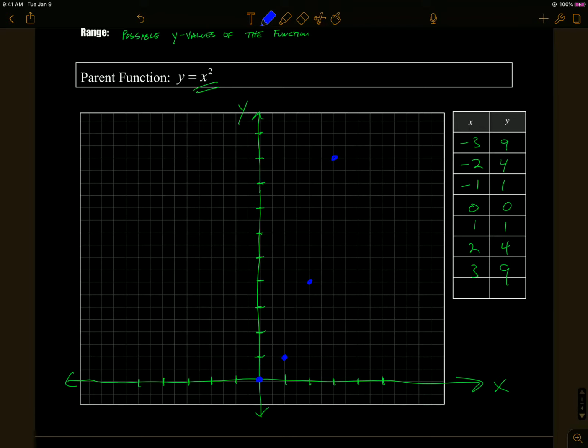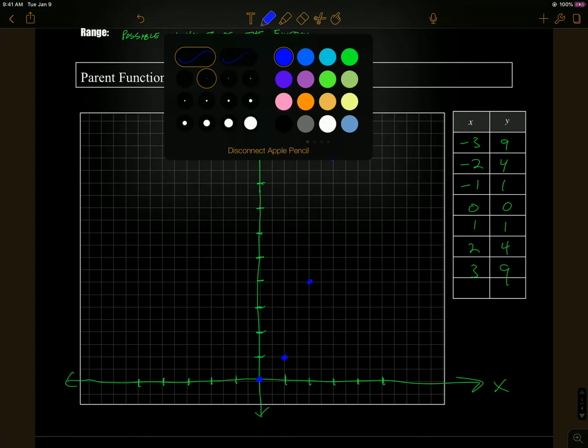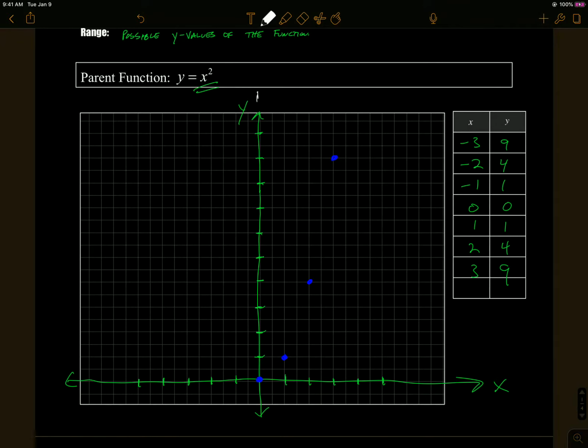Now, this parabola, we know it hasn't been shifted at all. So let's look at that axis of symmetry. I'm going to draw it in white right down the middle. The axis of symmetry always goes right through the vertex. That's the only point on the parabola that doesn't have a reflexive point. So now when I graph the other side, I just go equidistant over.